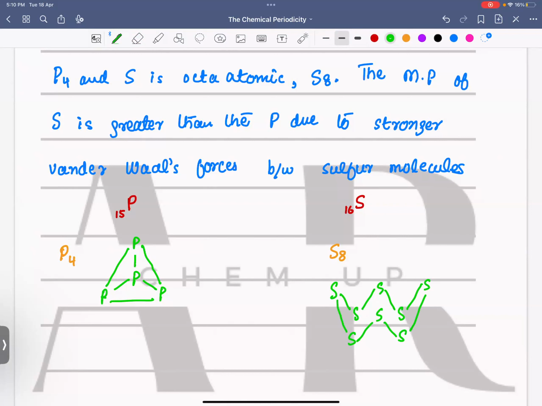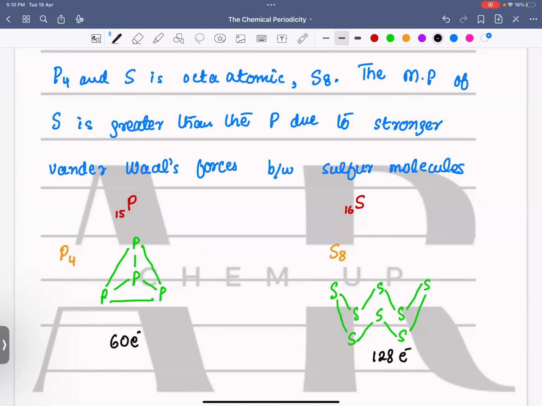So it's S8. Now, if you recall, phosphorus has 15 electrons. So in this whole molecule, P4, there are only 30. No, sorry. There are 60 electrons over here. And here, 16 times 4 gives you 64, and over here, 128 electrons.